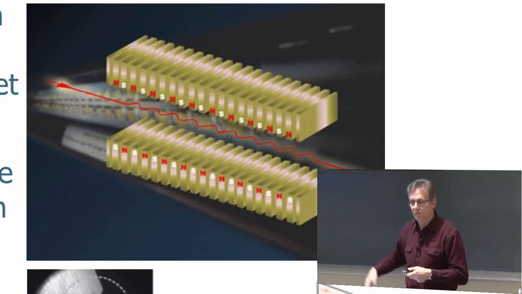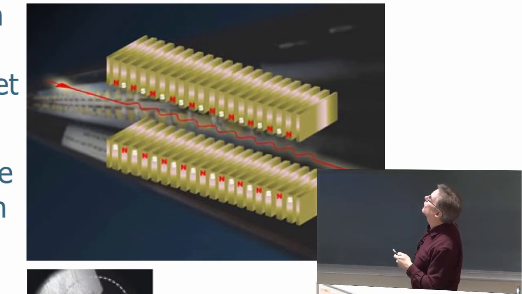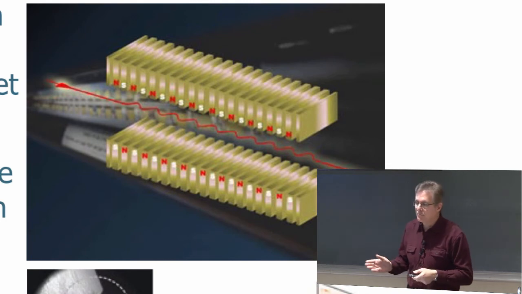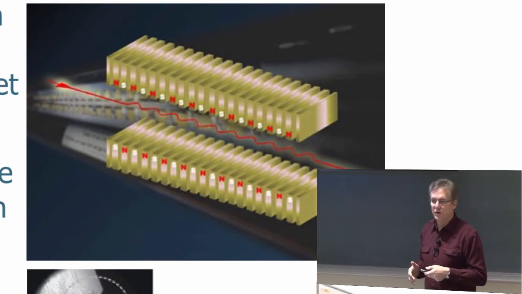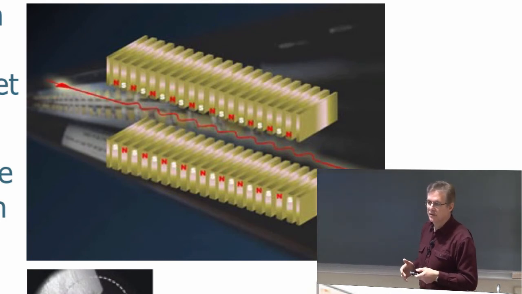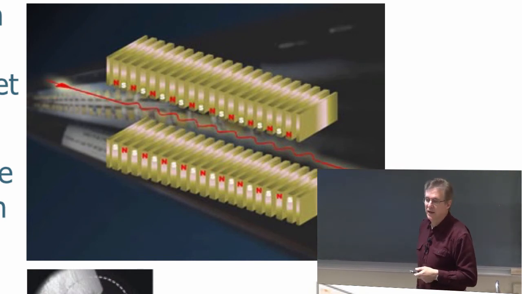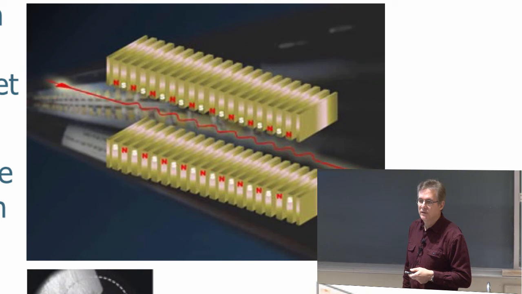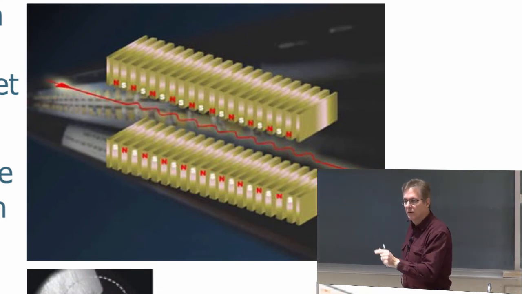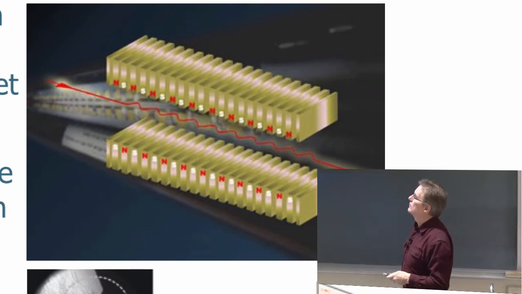We call these wiggler magnets. When a high energy beam passes through a wiggler magnet, it's basically shaking off X-ray photons from the high energy electron. So you get very, very intense beams of X-rays coming out of these wiggler magnets after you shoot a high energy beam of electrons into them.